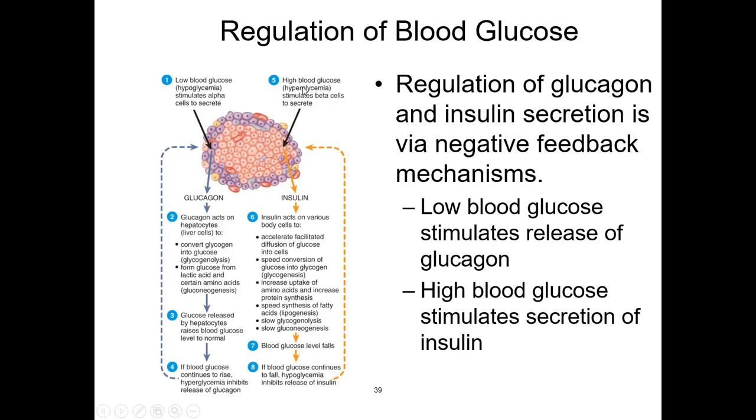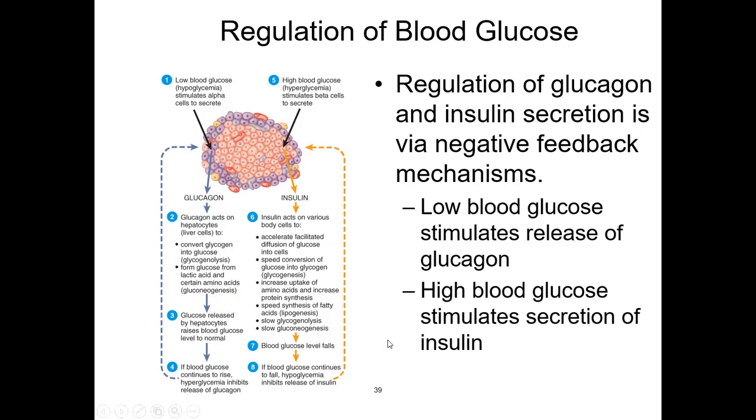When we start with hyperglycemia, high blood glucose levels, normal an hour or two after consuming a meal, it's the beta cells that react to this condition. They secrete insulin, and insulin acts on virtually all cells in the body and helps these cells to absorb glucose from the bloodstream.